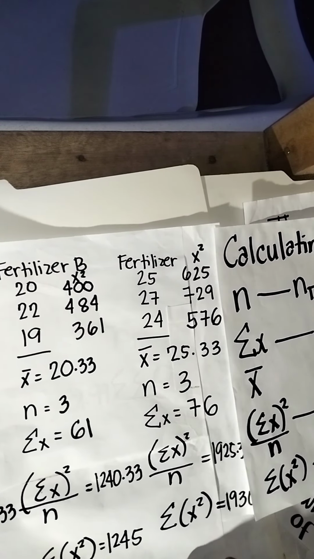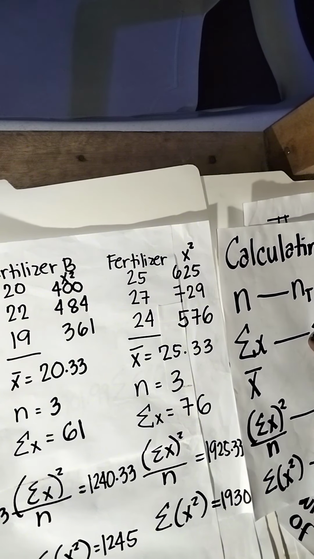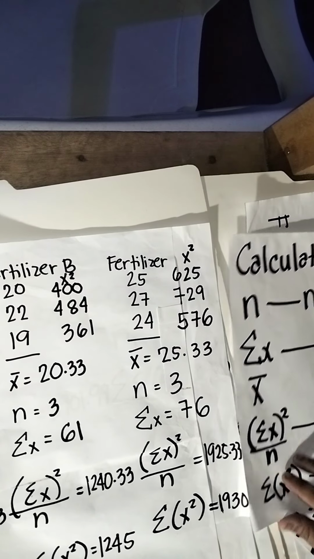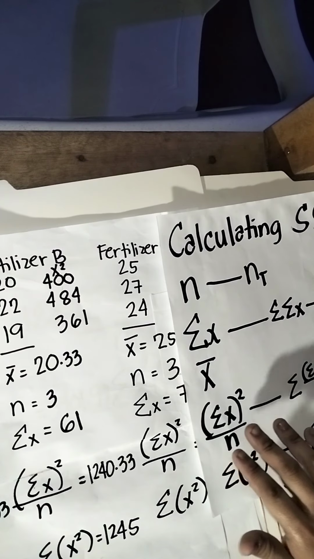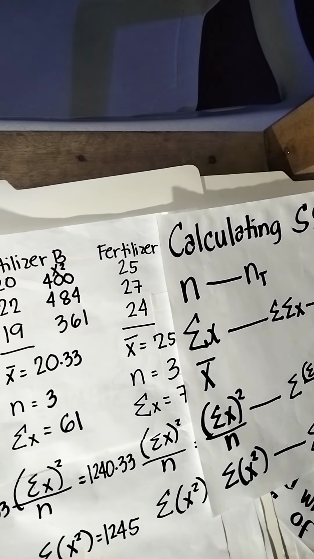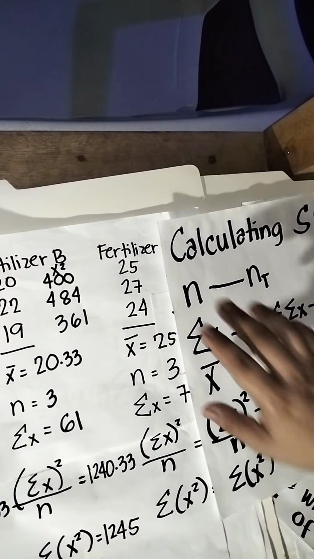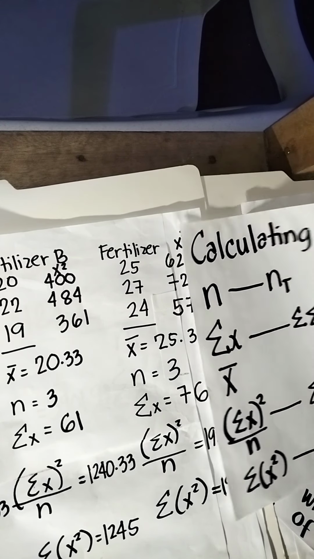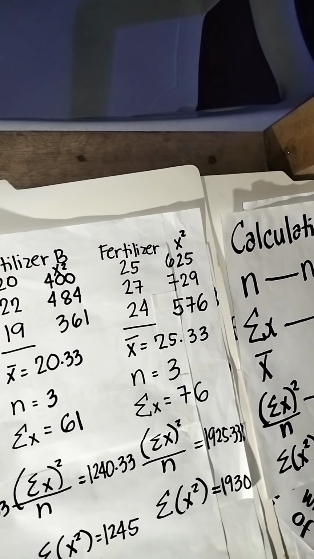It takes a long time to finish this. Okay, now let's get the fertilizer. For our fertilizers, we have the data. The data is given with a number of 25, 27, and 24. So, the same process, we get the x bar, or the mean of the data set.